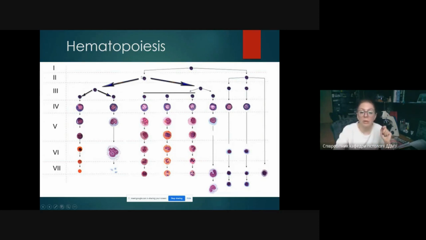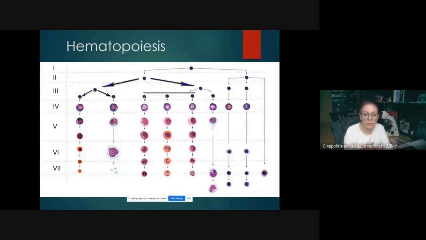Then the myeloid progenitor also gives rise to two cells. This is the precursor for granulocytes and monocytes, and this is the precursor for erythrocytes and megakaryocytes. And after that, you see that in the third class of hematopoietic cells, we can find cells that look like each other and like previous classes, but they are destined to differentiate into only one cell of the peripheral blood.